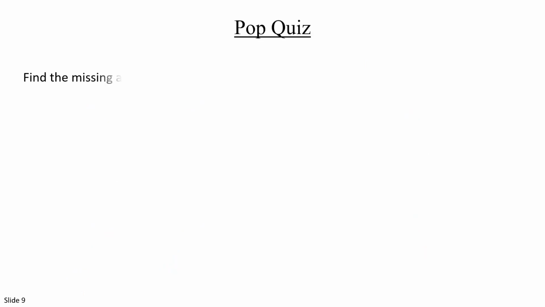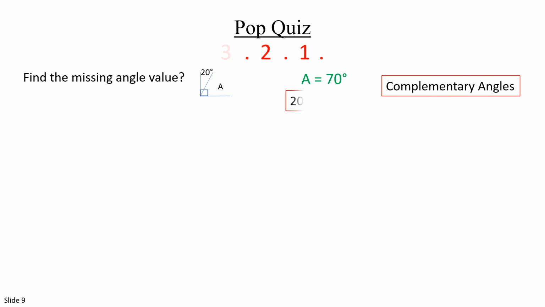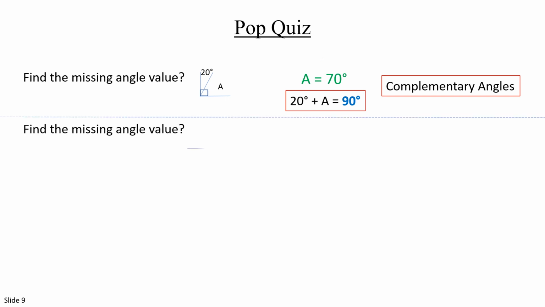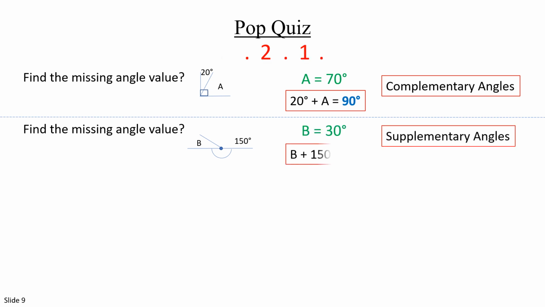Pop quiz. Find the missing angle. 70, right? They're complementary. So 20 plus A has to equal 90, so A is 70. 30, that's right, because B and the 150 are supplementary because they make a straight line.